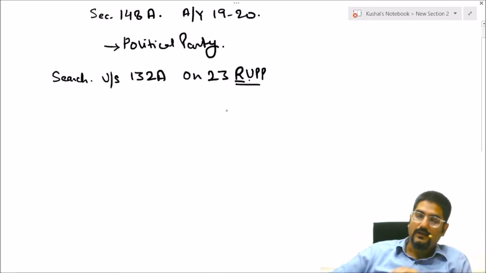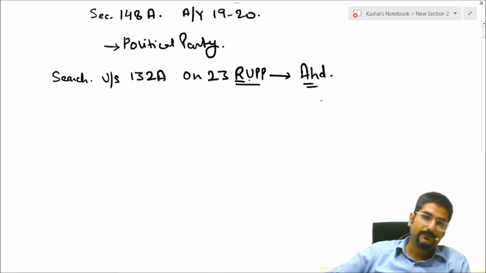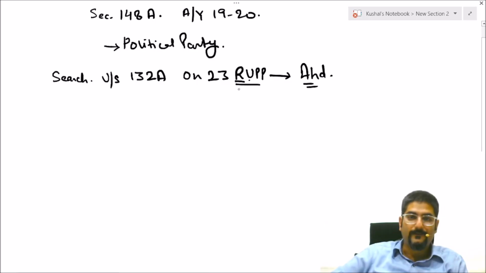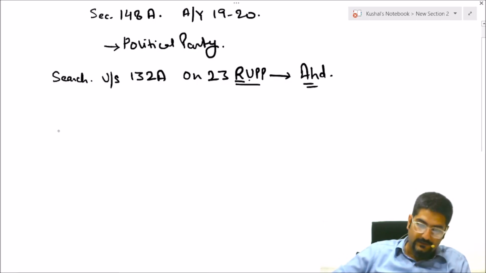It is registered unrecognized political parties, and the majority of these political parties are located in Ahmedabad. The department conducted search operations on these 23 RUPPs, and let's understand what the department found during the search operation.